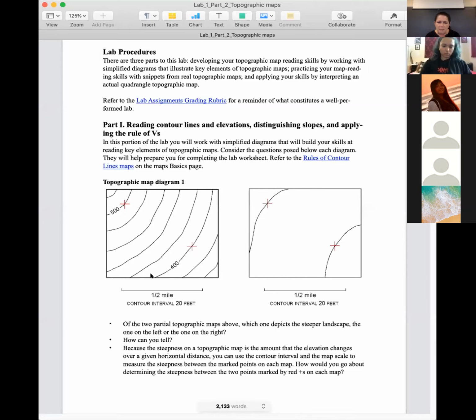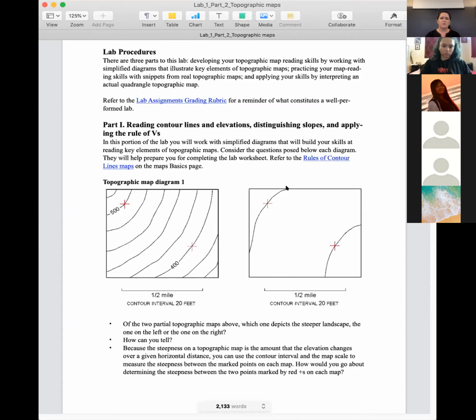It looks like these are probably in feet. So even though as scientists we should be using the metric system, a lot of things that are still produced in the US use feet. So topographic maps are one of those things. So 400 here, 420, 440, 460, 480, 500 feet. So that has 5 contours in the same distance between these two red X's as this one.